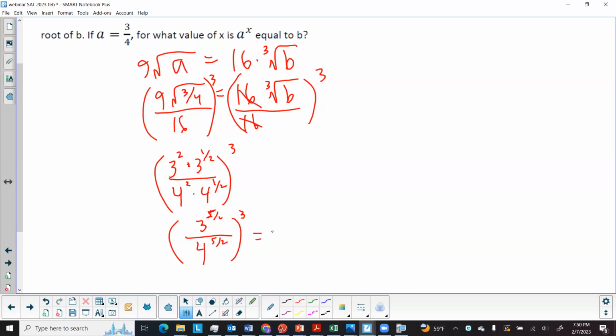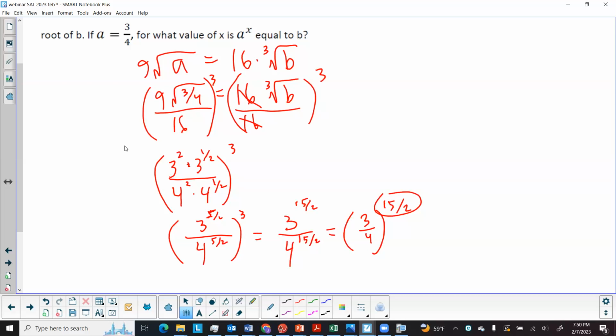And then that is equal to 3 to the 15 halves over 4 to the 15 halves, which kind of answers the question, A, which is 3/4, has to be put to what power? The 15 halves power, which is actually the answer, or 7.5.